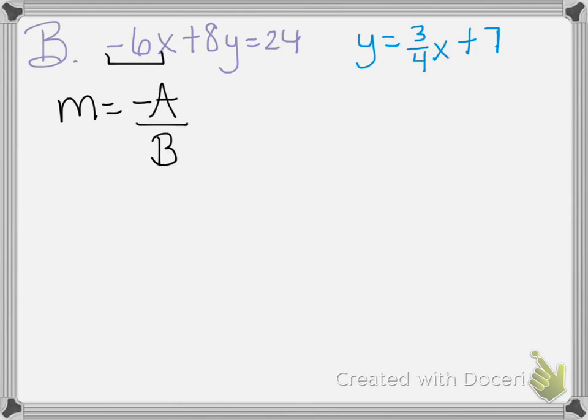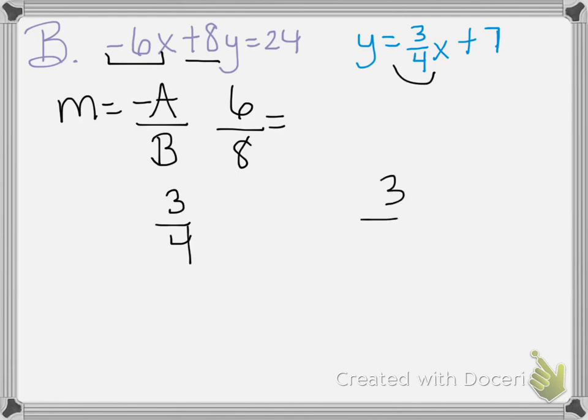Right now we have a -6 for a, so we're going to do the opposite, so that's going to be 6 over our 8, which reduces down to 3/4. And now we look at our other line here, and we have clearly 3/4 for our slope. And again, these are parallel because they are the same. If we were to graph them, they would run parallel to each other.